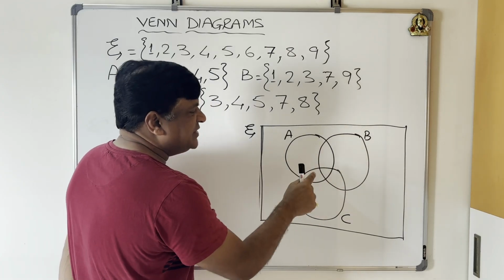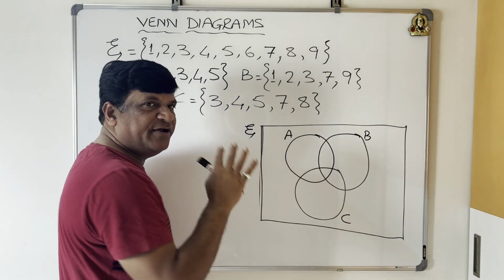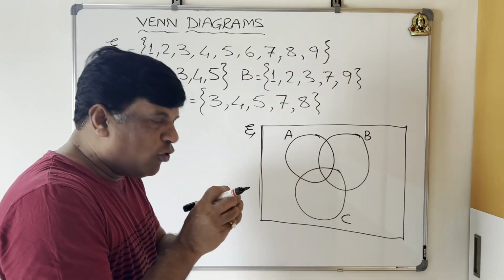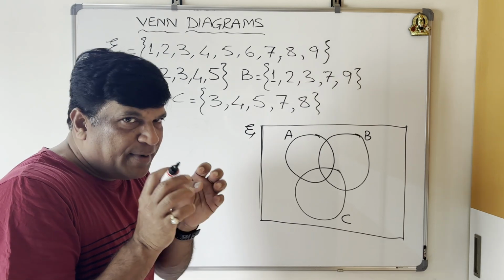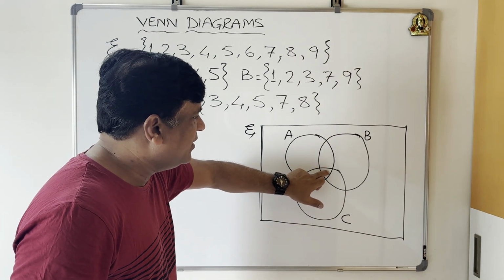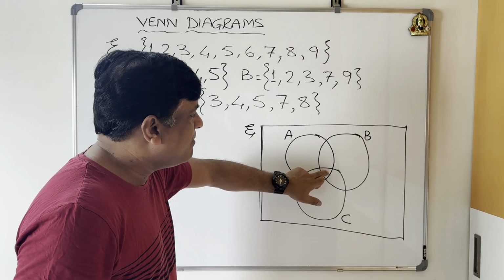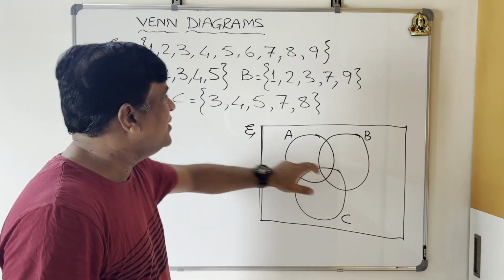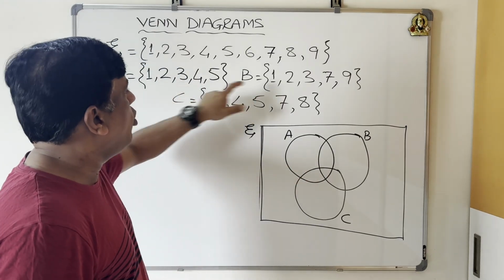This is the common portion of A and C, and this is the common portion of B and C. So the first thing when you populate a Venn diagram with values is to look at this one. You go inside out, always remember, inside out. The element we put over here should be present in all 3 of them.